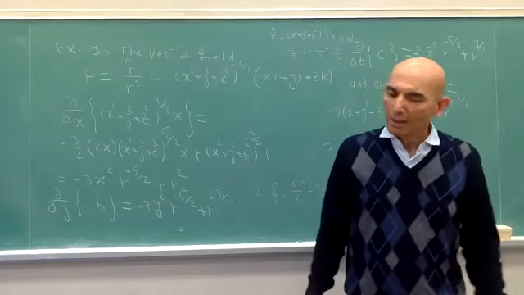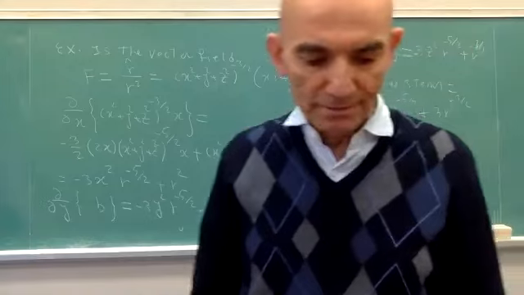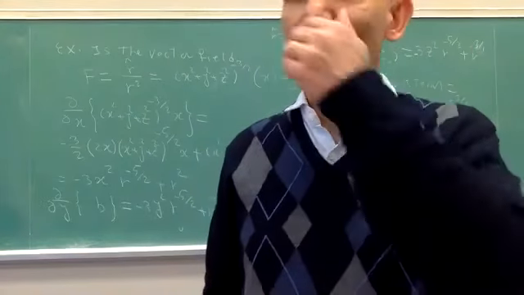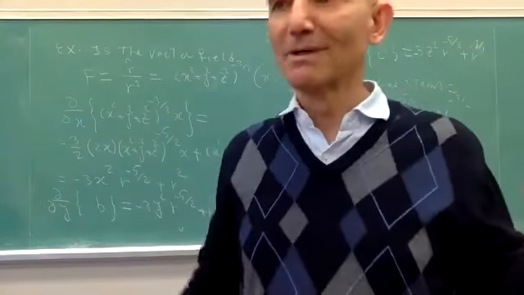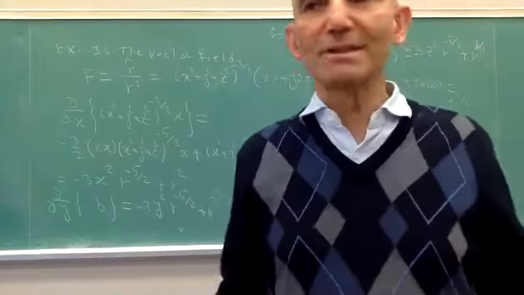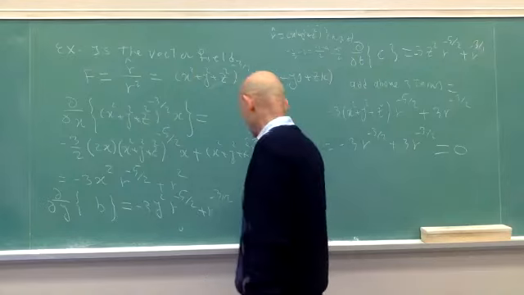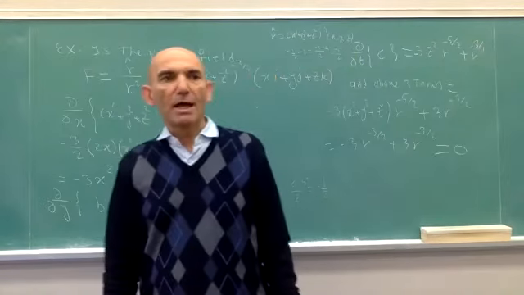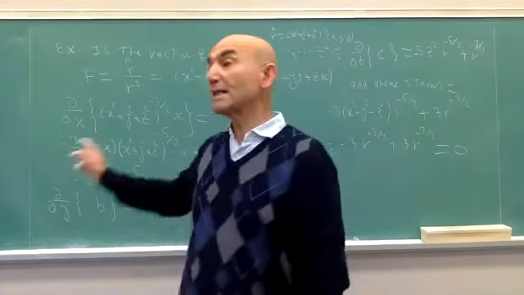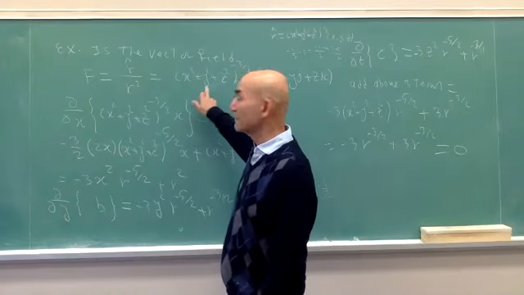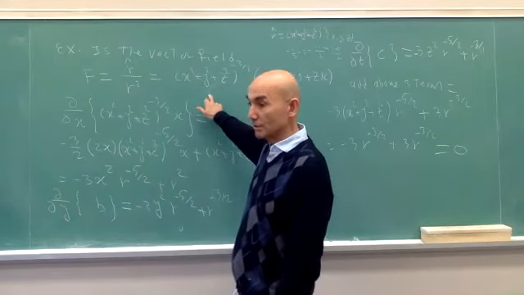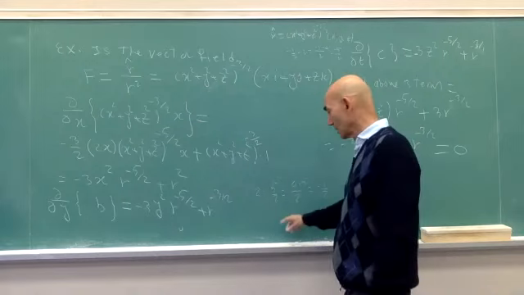So now we have to digest this result. The calculation shows divergence is 0, and we have some intuition about that, but we will do more. Now, another question I want to ask is: is this a conservative vector field or not? That's a reasonable question.